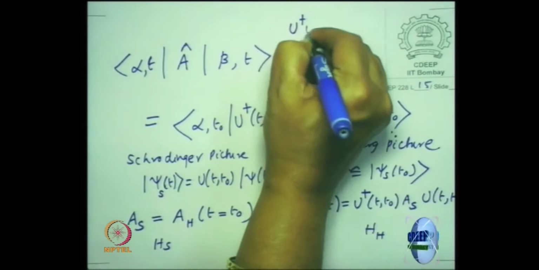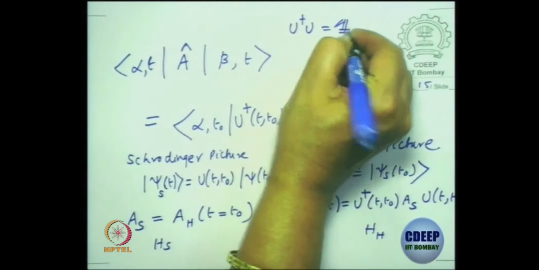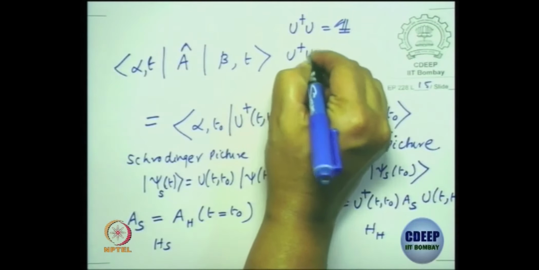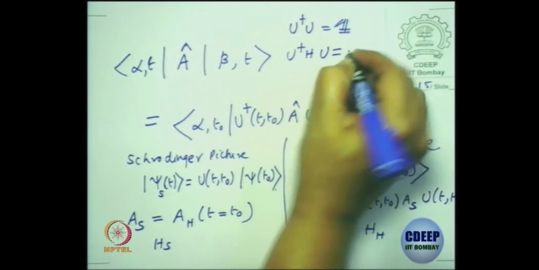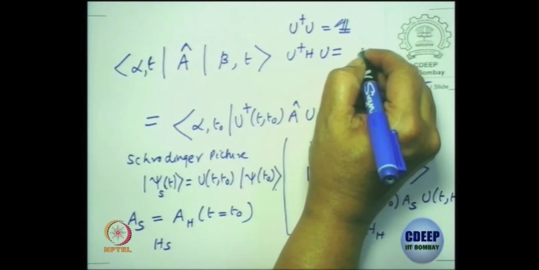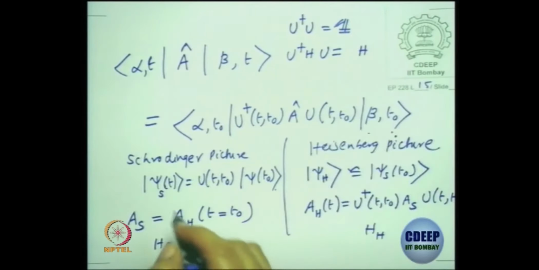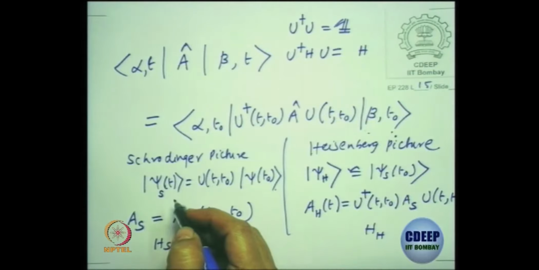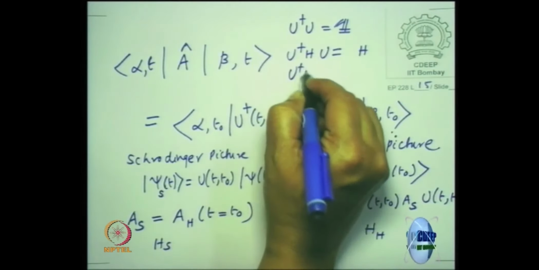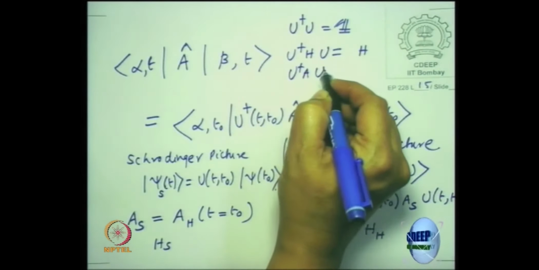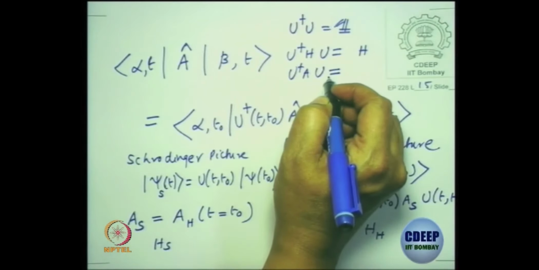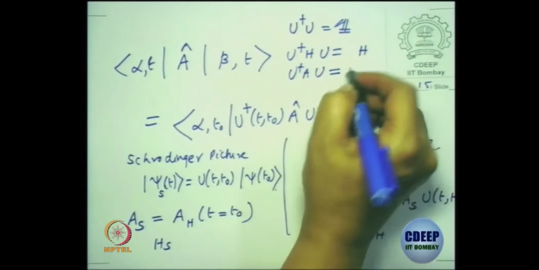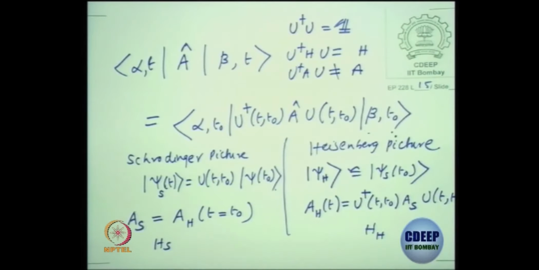U dagger H U is also H. But U dagger, some other operator A, U is not equal to A in general.